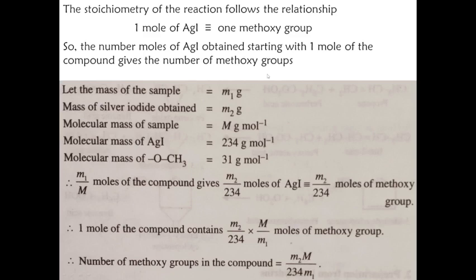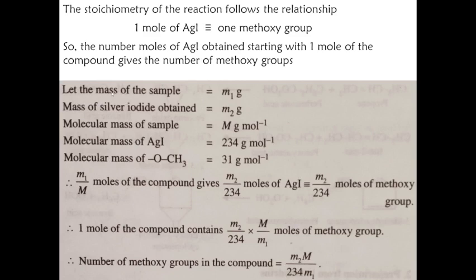So when you take 1 mole of the compound and it is treated with silver nitrate, we are getting silver iodide. The number of moles of silver iodide has to be calculated, and the number of moles of the compound also can be calculated. Then from there we can calculate the number of methoxy groups.